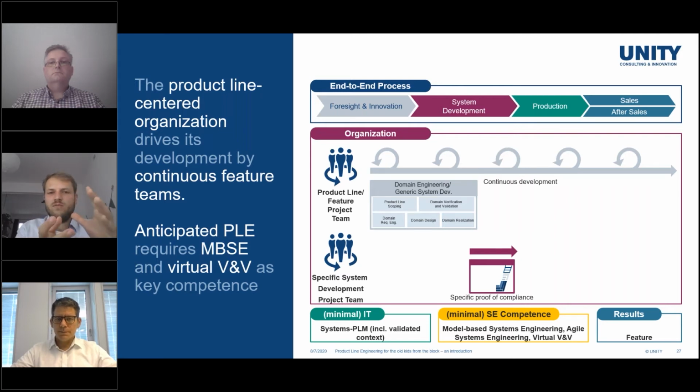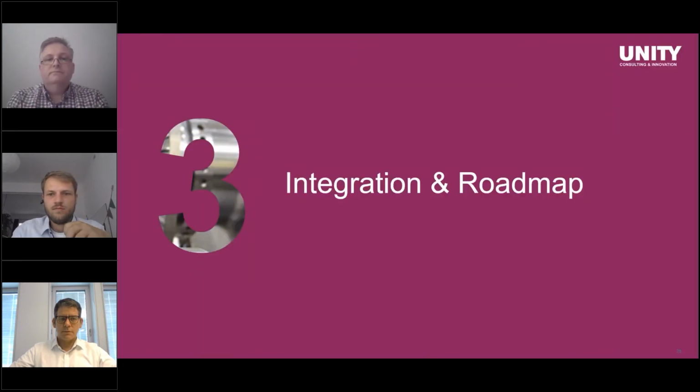But as I mentioned before, this stage is more like a holy grail, and if you realize you want to achieve that, you realize individualization is very important for your system, then it is important to define your roadmap and integrate that PLE approach into your organization. And that is something that my colleague Sven-Olaf will cover within the next chapter.